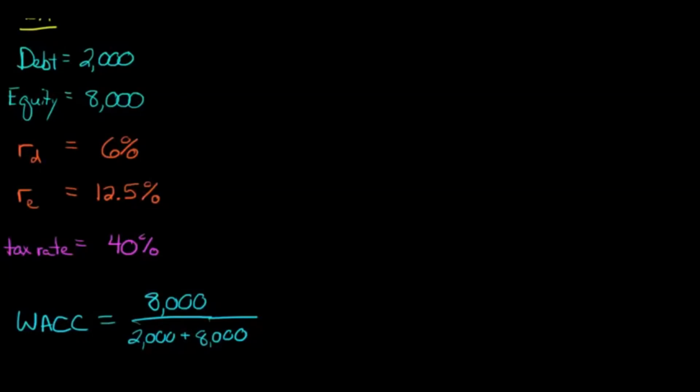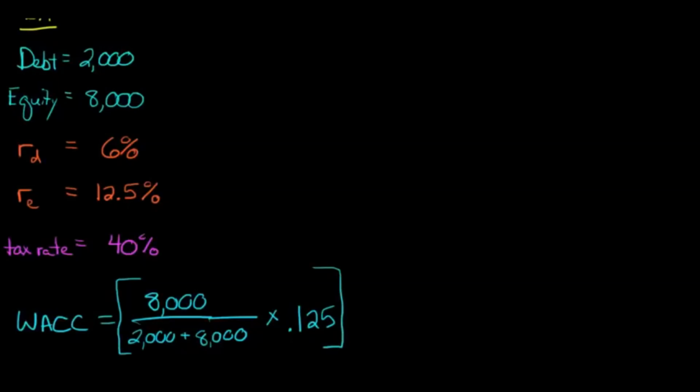So to get the proportion, we take 8,000 and divide it by that total. What we're seeing is 0.8, or 80%, of the financing is coming from equity. But now we have to multiply this by the cost of equity, which is 12.5%, the same as 0.125. So now we've got the equity component.